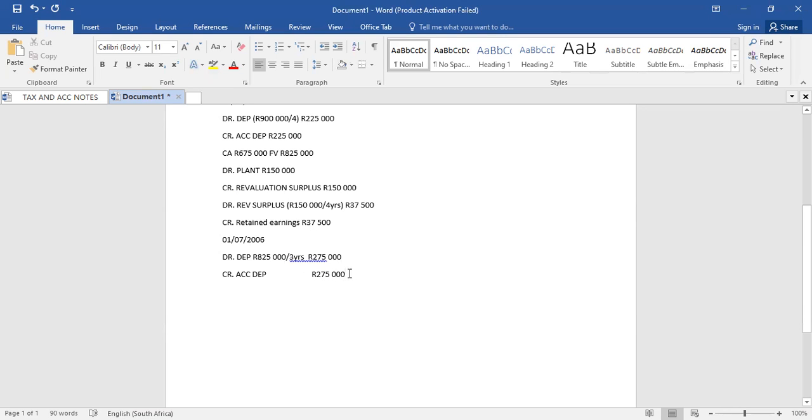But before we revaluate assets, you must first set off accumulated depreciation. How much is our accumulated depreciation?